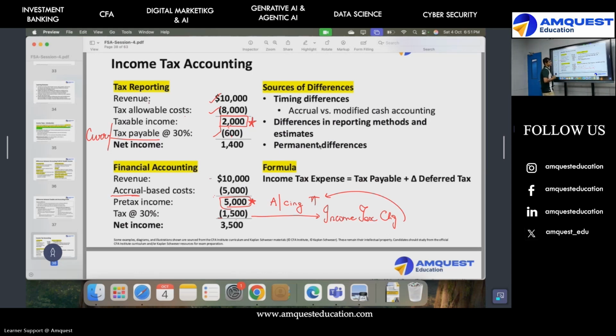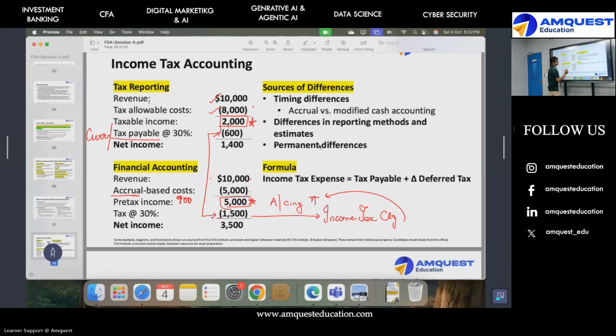Are we clear? Now, what is the difference between 600 and 1,500? That's obviously 900. Why is the difference arising? Who is responsible for this difference? The allowance based on the taxable. Very good.